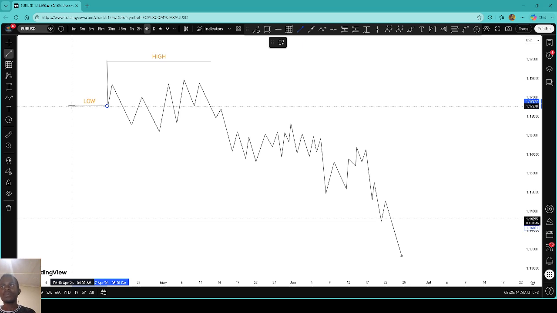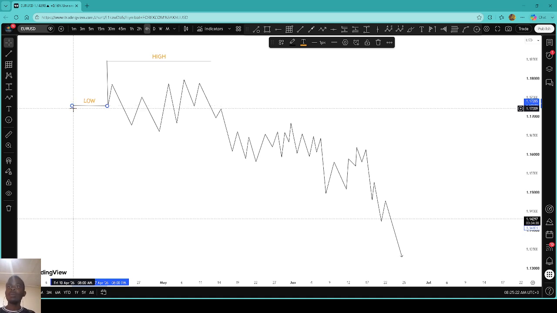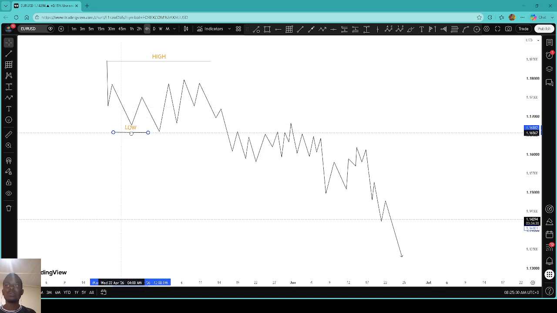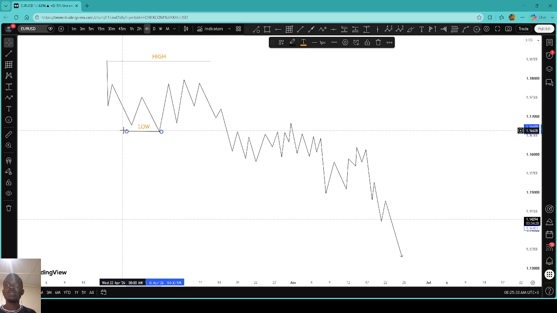I guess this could be our low. But if we look deeply into it, this is where our low should be. Why am I saying this? Because after this high, price moved to this point. This is where it made a low, and then it started going up. So this is the lowest of these points.